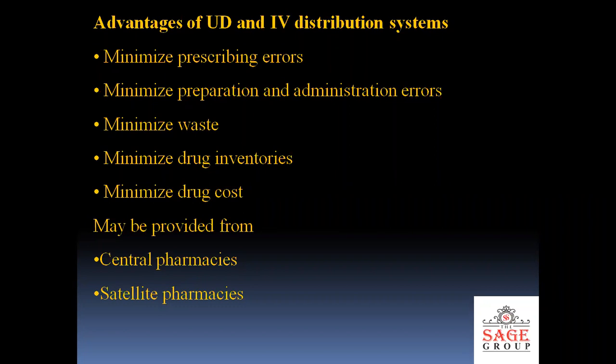Minimize the preparation and administration error, minimize the waste, minimize drug inventories, minimize drug cost. Drugs may be provided from central pharmacy or satellite pharmacy. Satellite pharmacy is a new term for you people. Central pharmacy is a main pharmacy, a centrally located pharmacy department in an entire hospital.